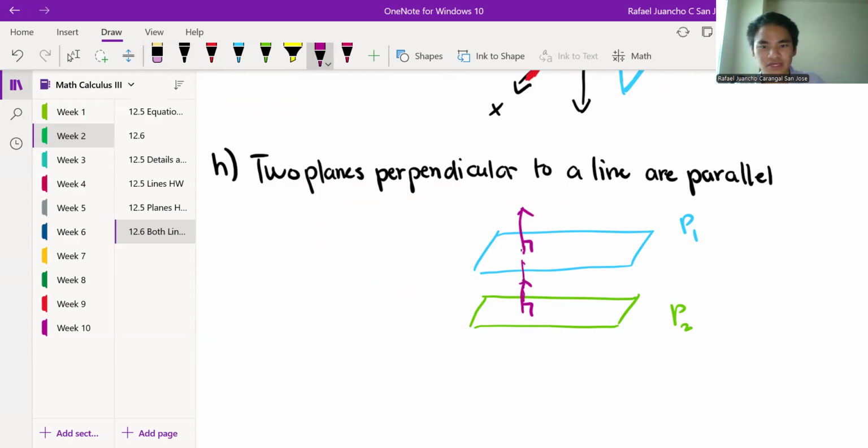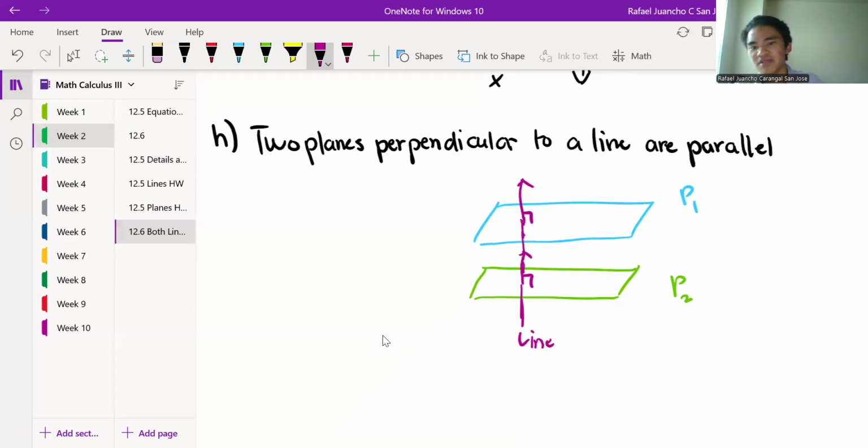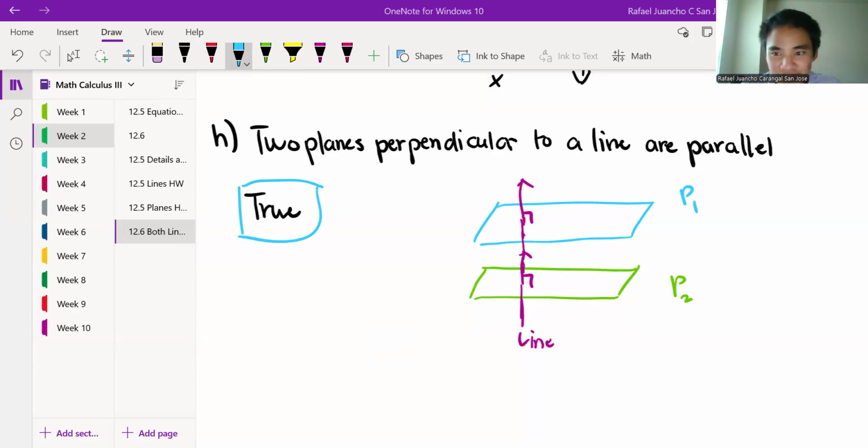So I can say we have a line here, and these two planes are perpendicular to this line. And so P1 is parallel to P2, so this is true. What's important, even though we make mistakes in doing math, is that we understand what the mistakes are.